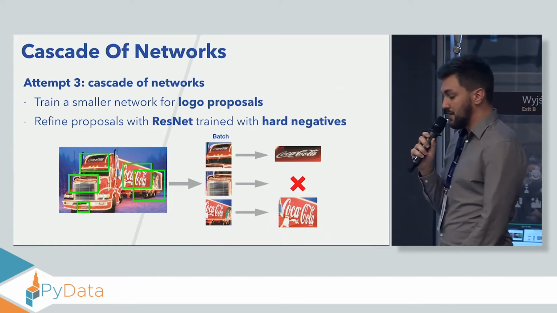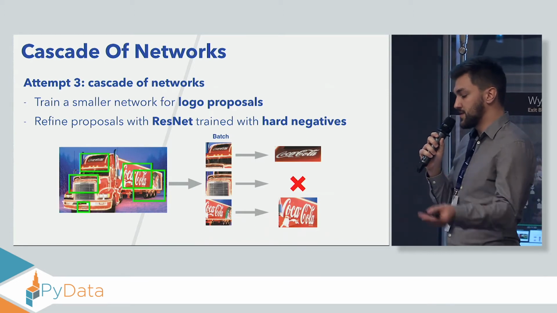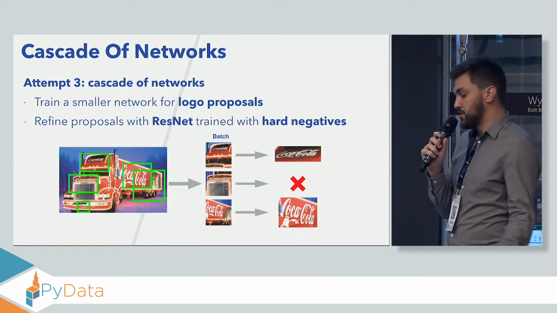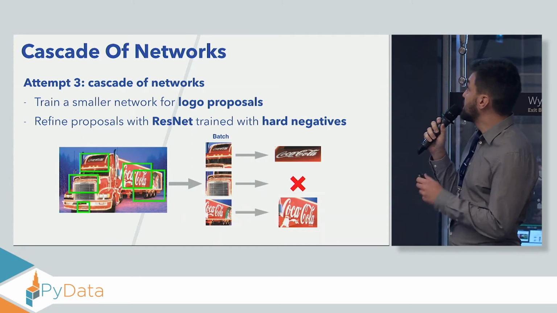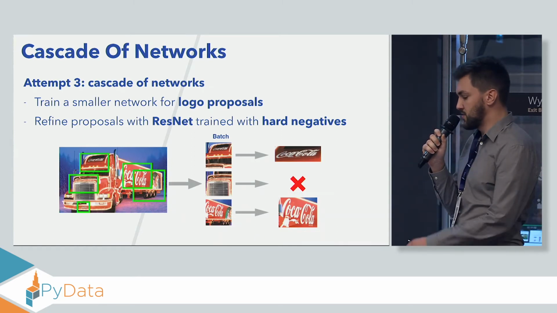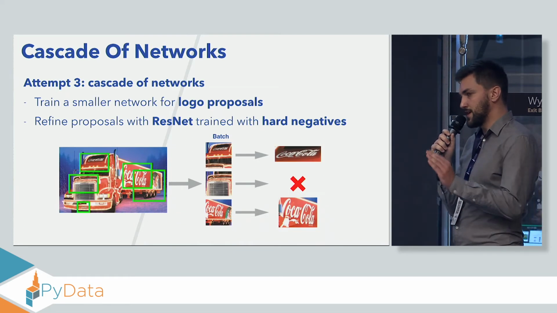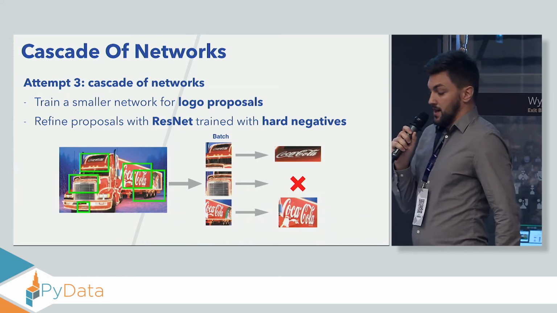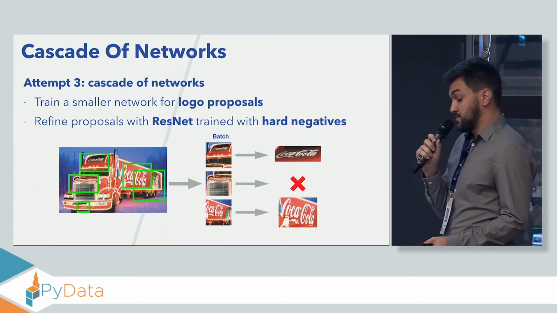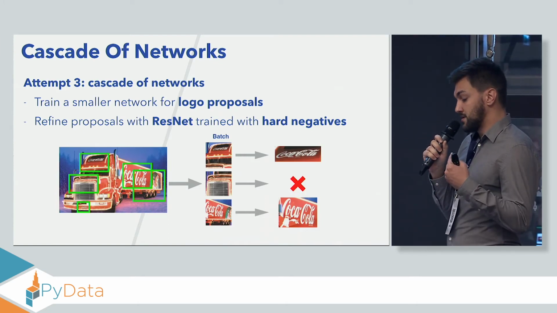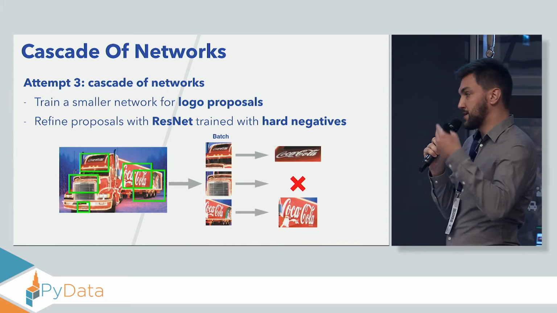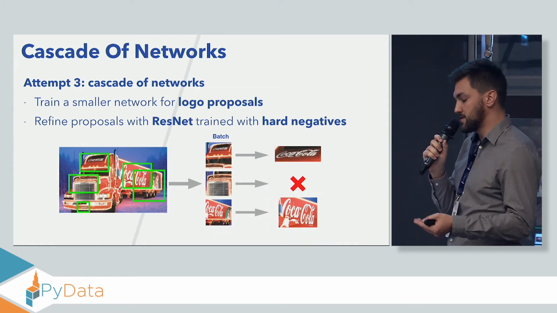Then, with the output of this first network, we refine these proposals with a ResNet that is trained similarly to before, but is now only evaluated on fixed input size. And this time we can evaluate it by providing batches of images, which will also be much faster.